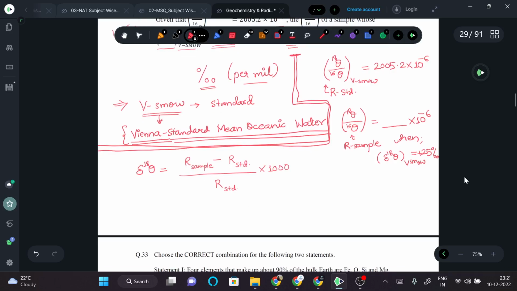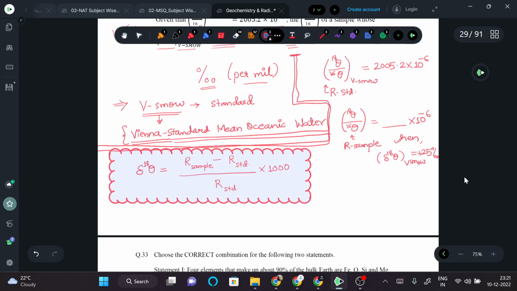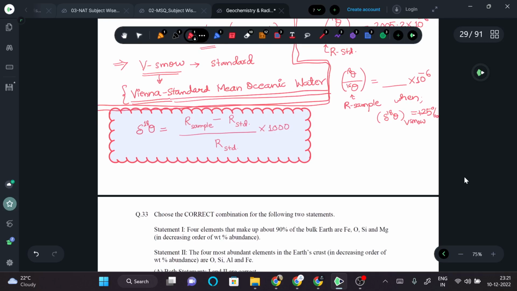We multiply by 1000 because of the units, per mil.